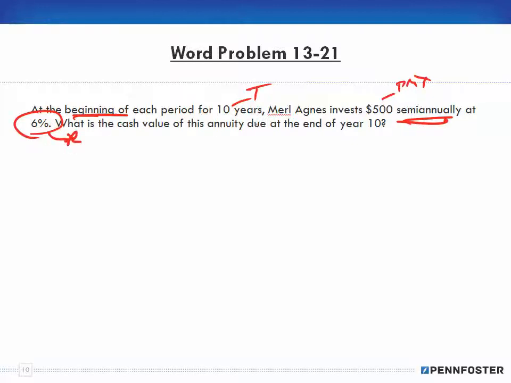What is the cash value of the annuity due at the end of year 10? Remember, with the annuity due, we have to take the number of periods and add 1. Then when we have our total amount after we use the factor, we find the factor, do the math, and then we have to subtract out one of our payments.